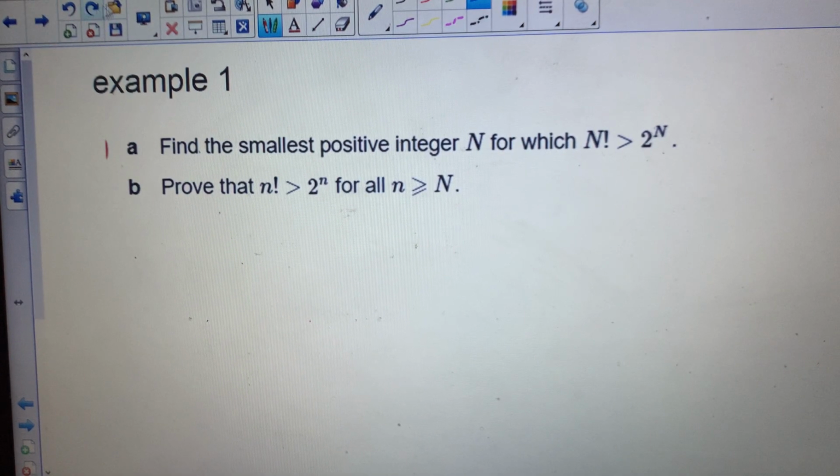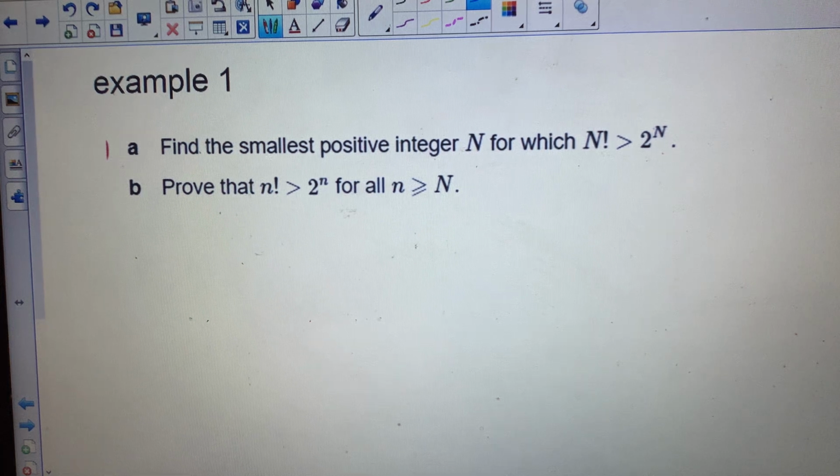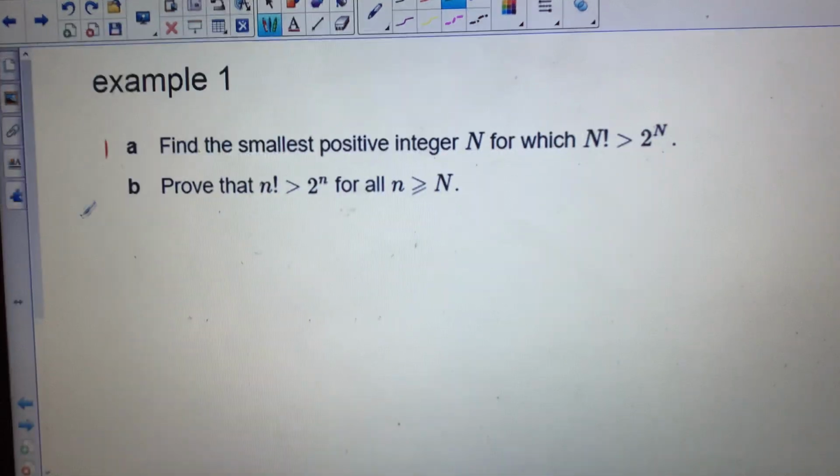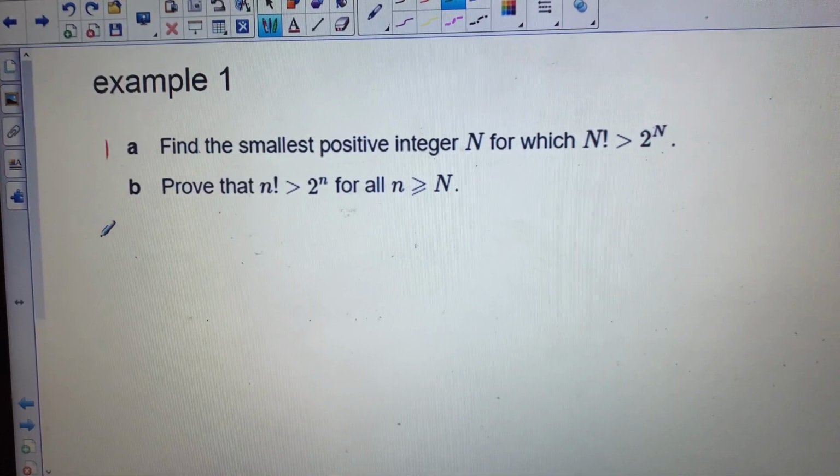So here's the first example. Again, this would be classed as an A2 example, but I think lots of you would have had a good go at this in year 12. So the first bit, and I'm going to remember that I am going to hold the pen really close to the end.